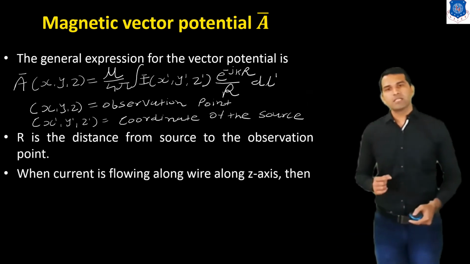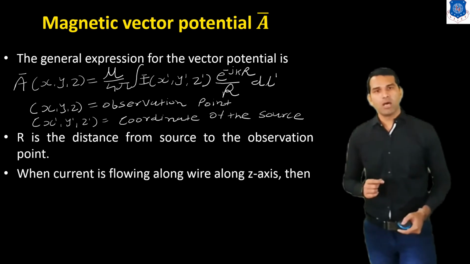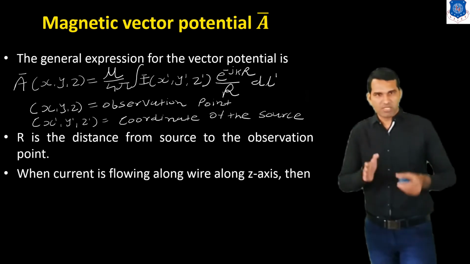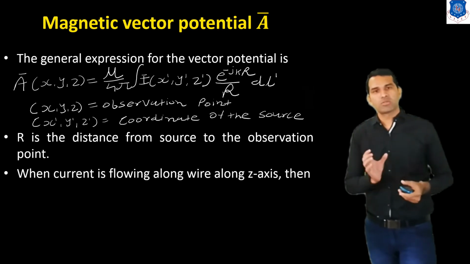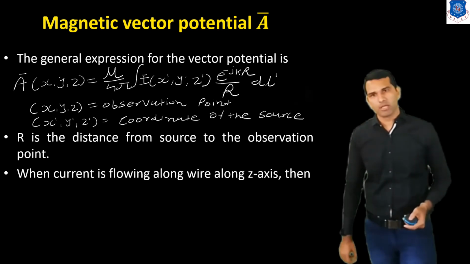Capital R is the distance from the source to the observation point.